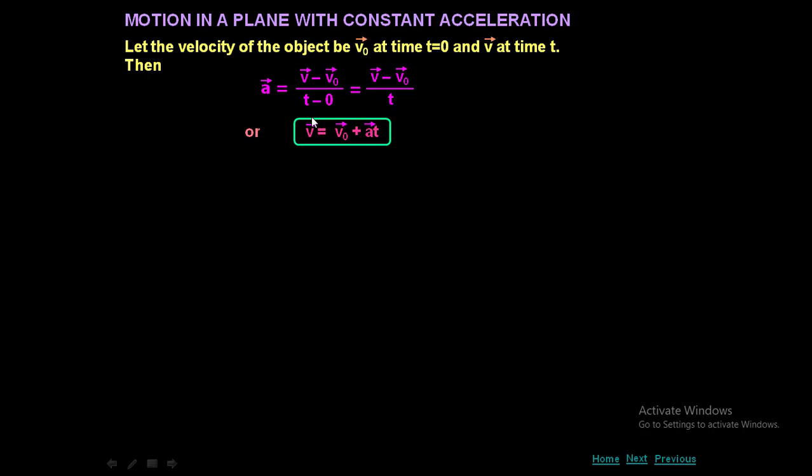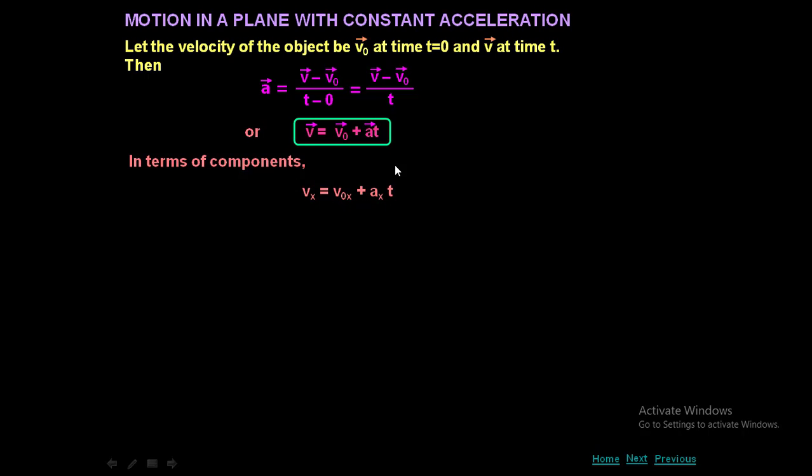Now here, this is a velocity of an object in a plane. Plane means xy coordinate system will be there. So any vector will have how many components? Two components. That means v bar will have two components, v naught bar will have two components, a bar will also have two components. Let us see. In terms of components, Vx is equal to v naught x plus ax into t.